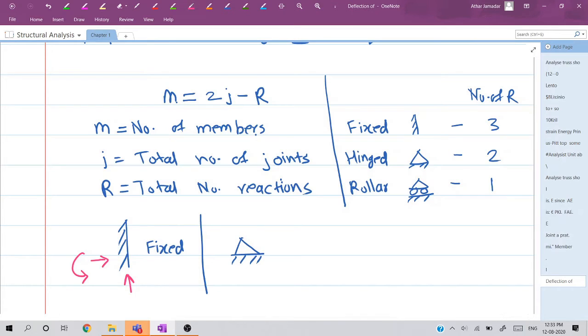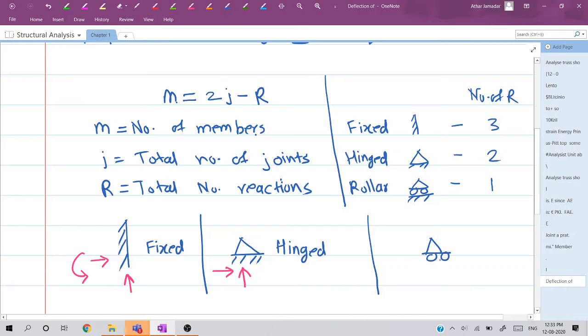For a hinge support there are two reactions, one vertical and one horizontal. This is your hinged support. And the third type of support is the roller support.